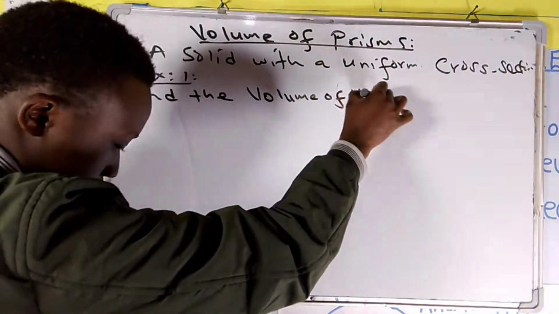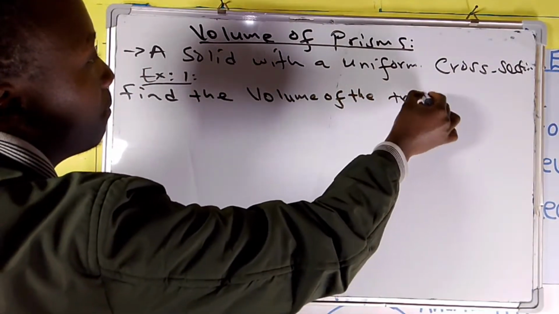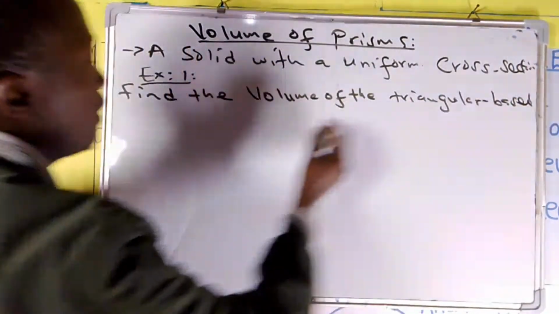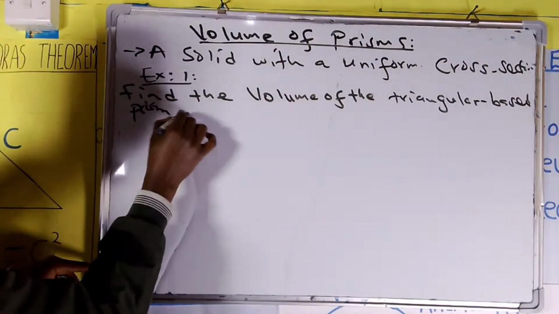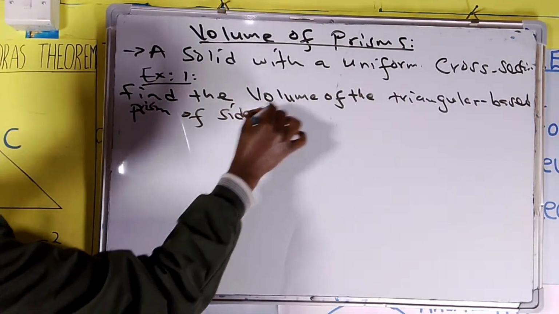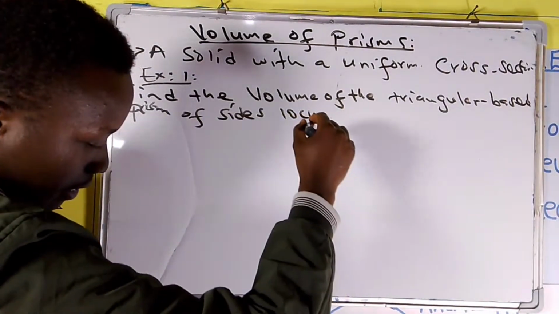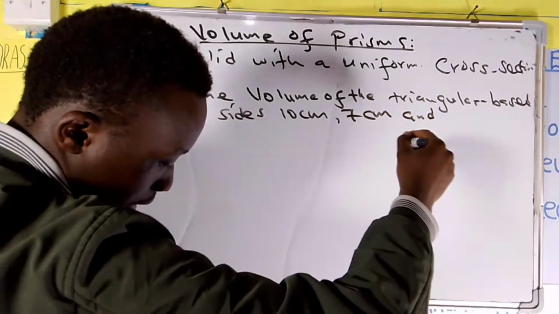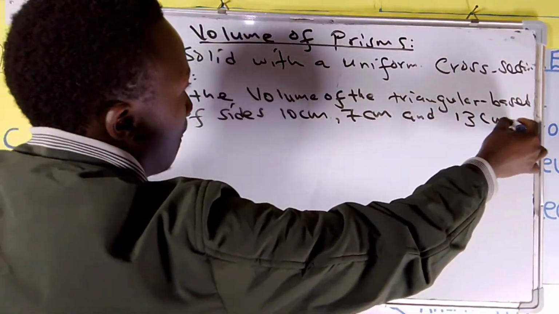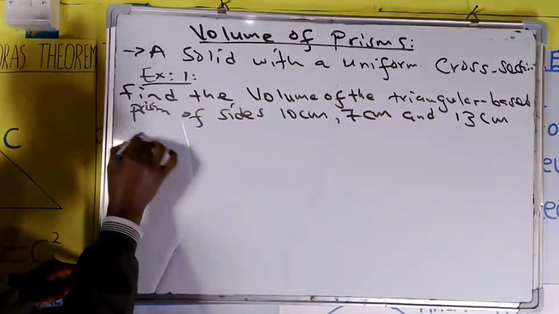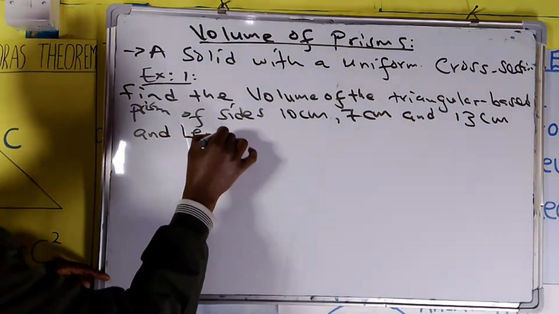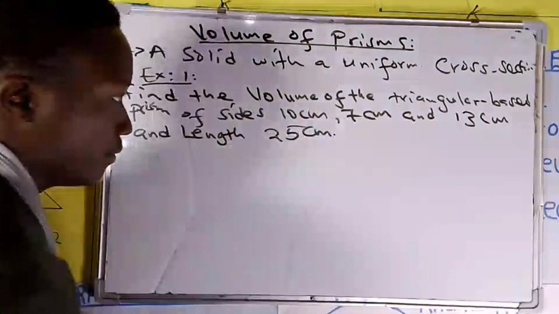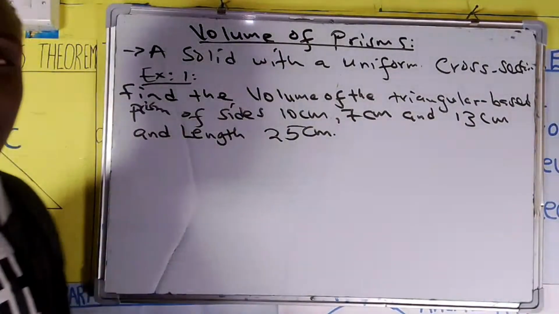Find the volume of the triangular based prism of sides 10 centimeters, 7 centimeters, and 13 centimeters, and length 25 centimeters.